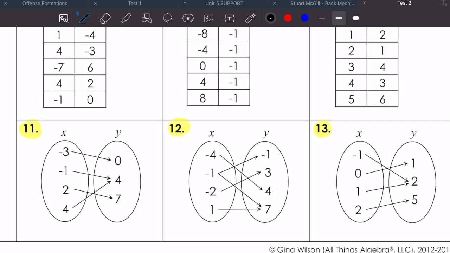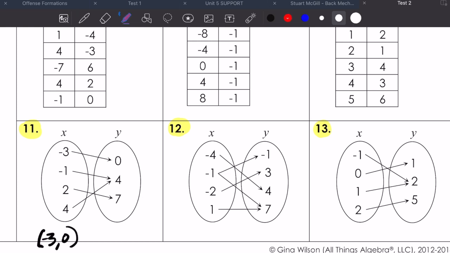I'm going to move on to a mapping, which is another method of representing a relation. These things are the same thing. It's just an ordered pair. The way you would read this is you would take the number -3, which is my x value. It has an arrow to 0, which is my y value, which means that ordered pair is -3, 0.